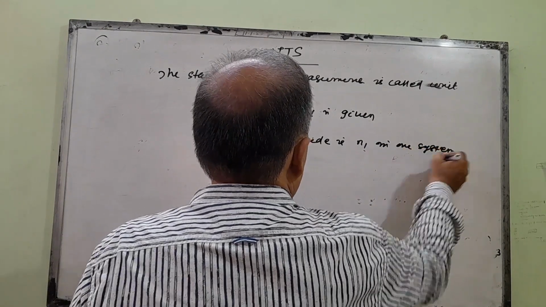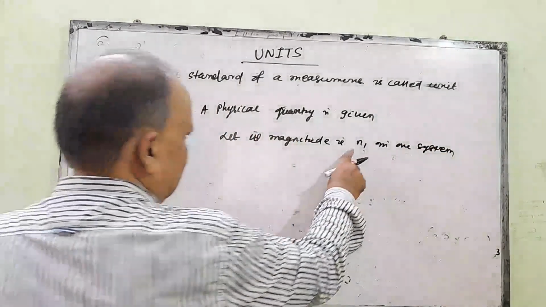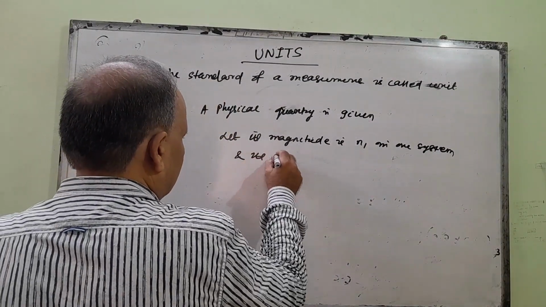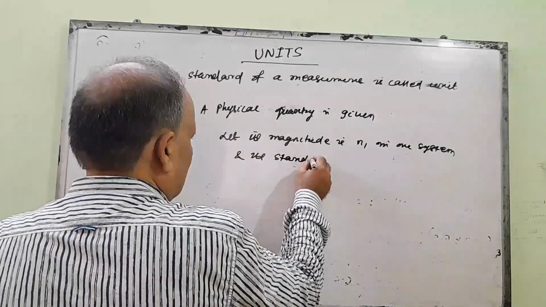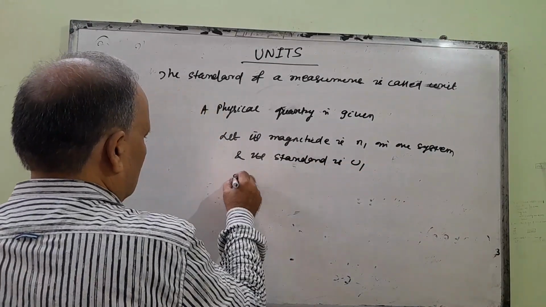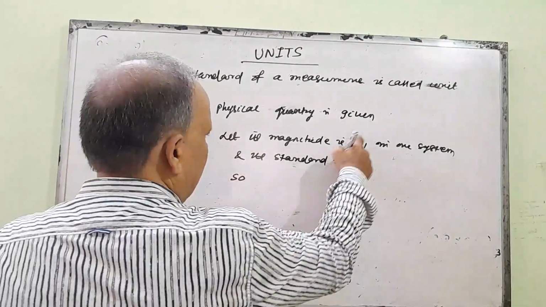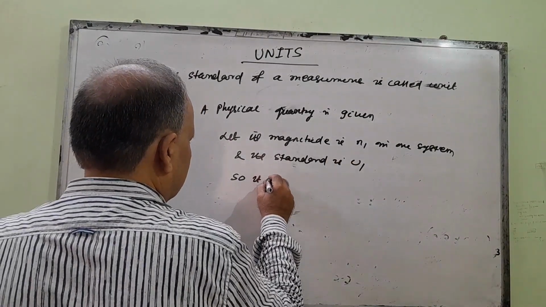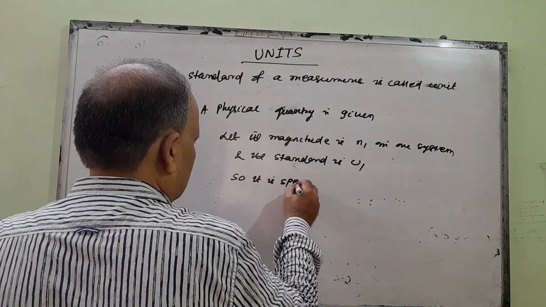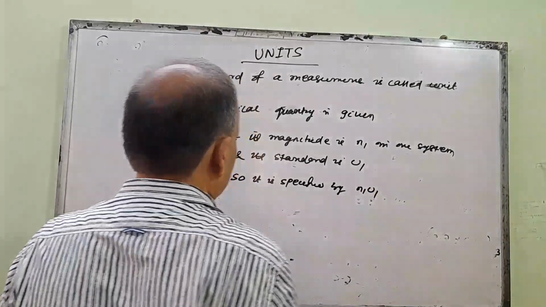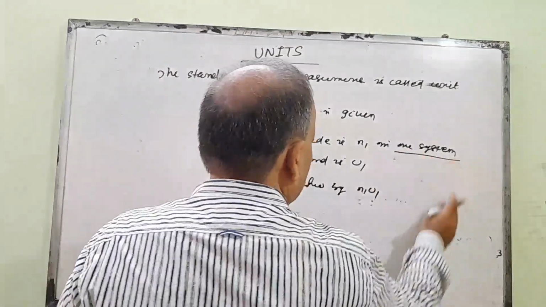Suppose in meter system it is N1 and its standard is U1. So you can write magnitude and its unit. So it is specified as N1 U1 in one system.